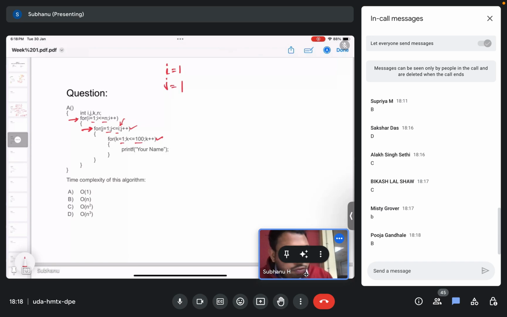So for j equal to 1, you run this portion of the code, and k will run 100 times.